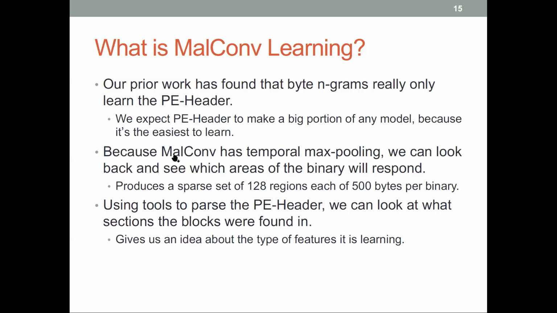However, since MalConv has temporal max pooling, we can also look back and see which areas of the binaries were more emphasized by the trained model. And they also mention that using tools to parse the PE header, they can look at what sections the important blocks were found in.